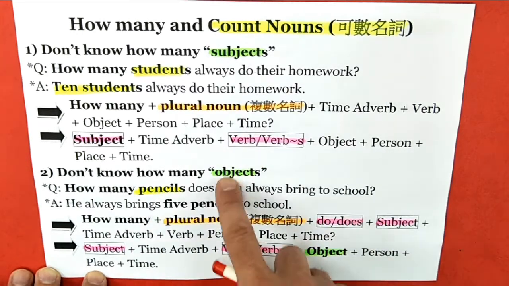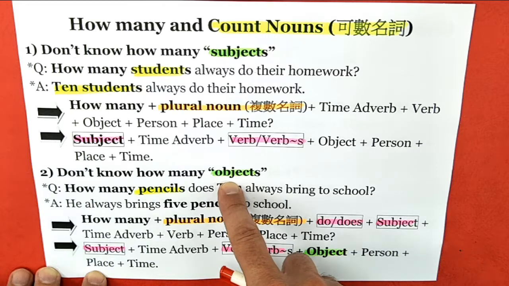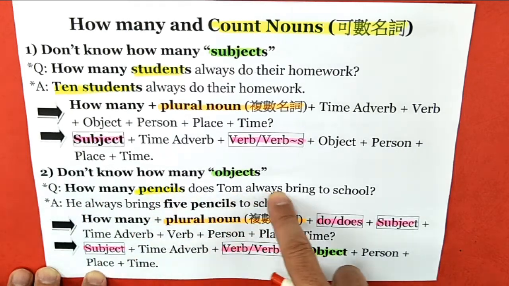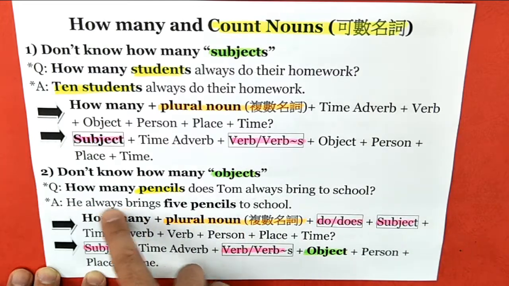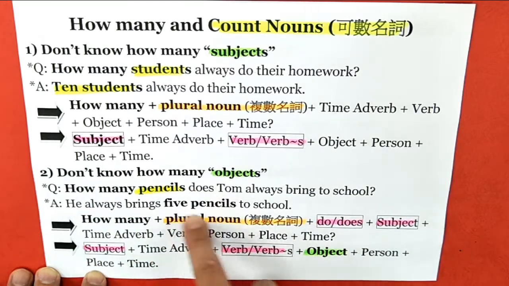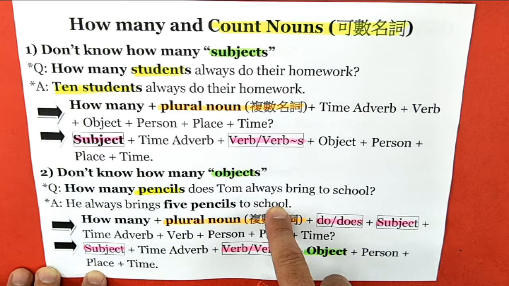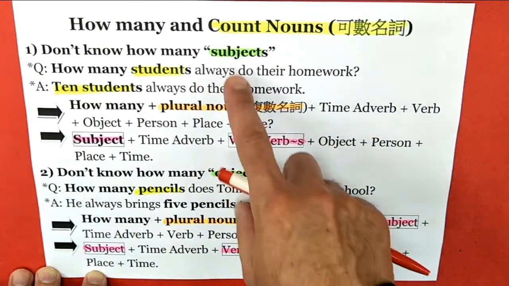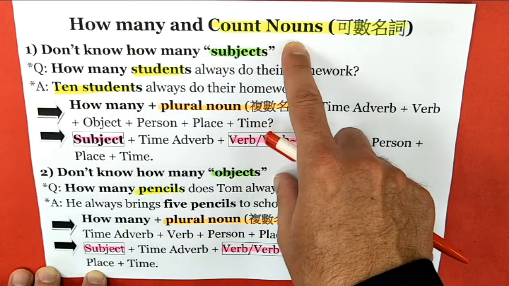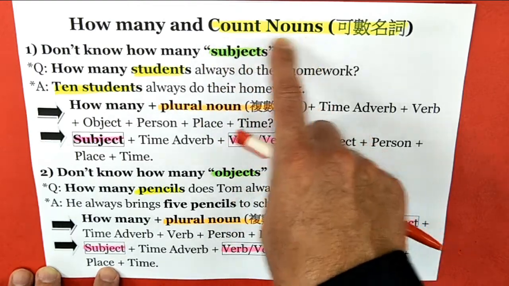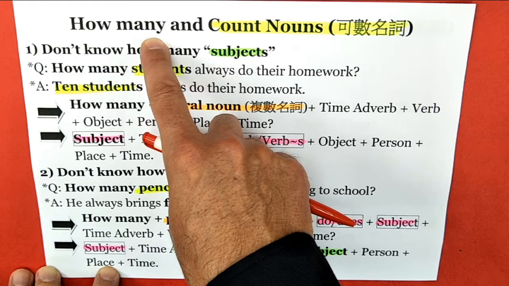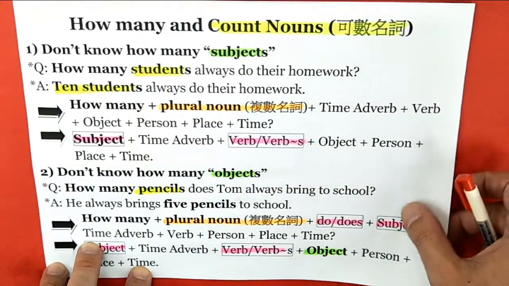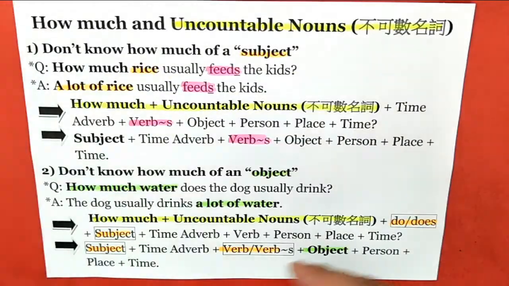When we're missing this object, we don't know the object, we don't know how many objects, we say, how many pencils does Tom always bring to school? He always brings 5 pencils to school. You see? Very easy. These are called count nouns. We can count them. If we can count them, we use how many. Okay? That's very easy.